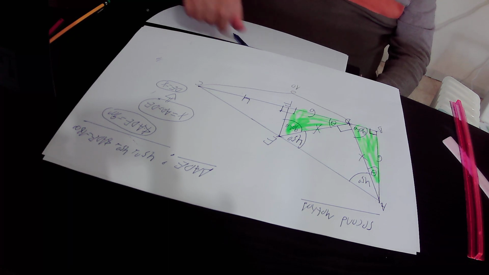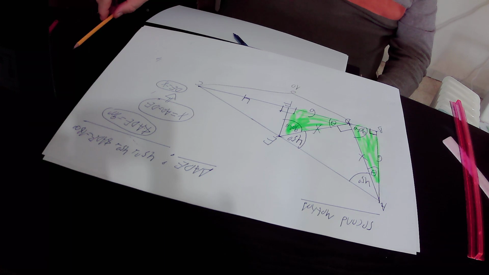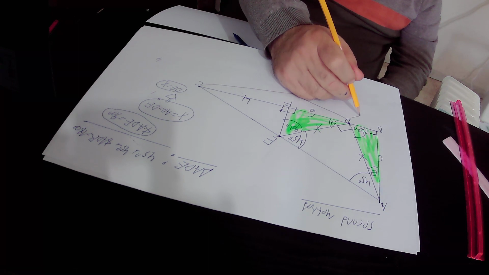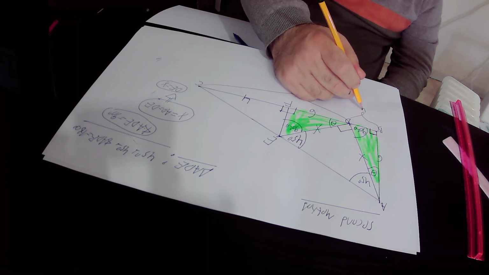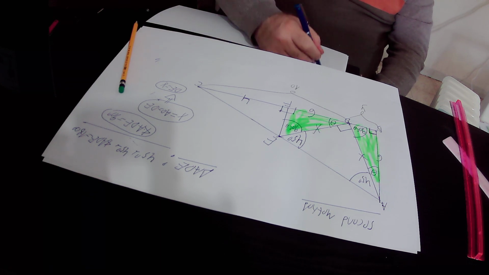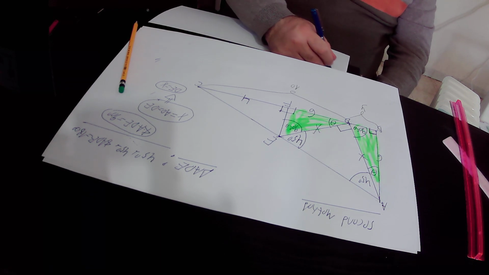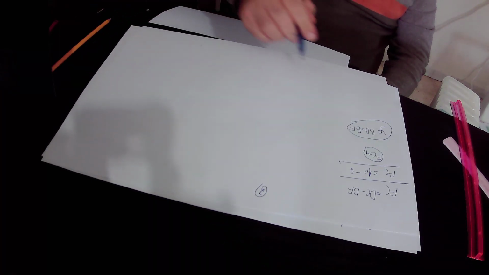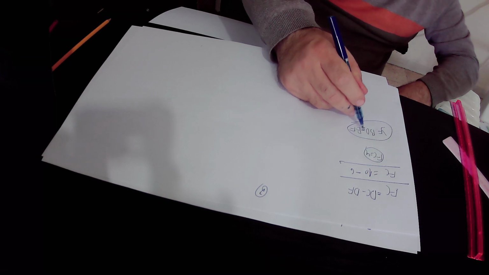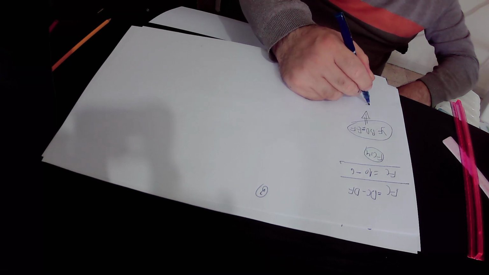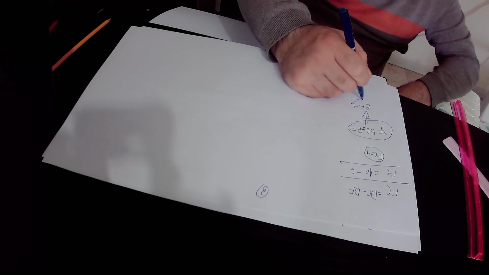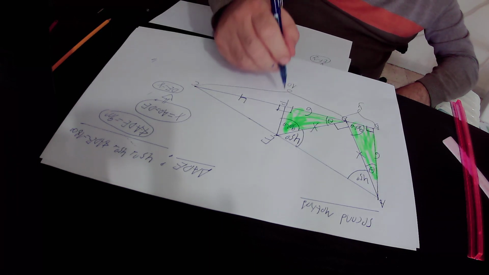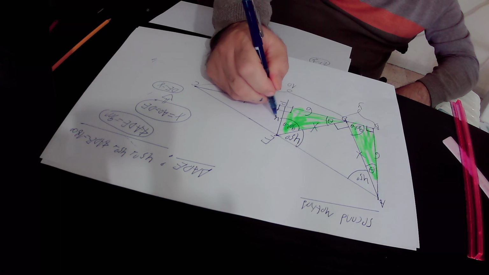If we define BD as Y, then from the equation Y equals BD equals EF, we conclude that EF is also equal to Y. So EF equals Y.